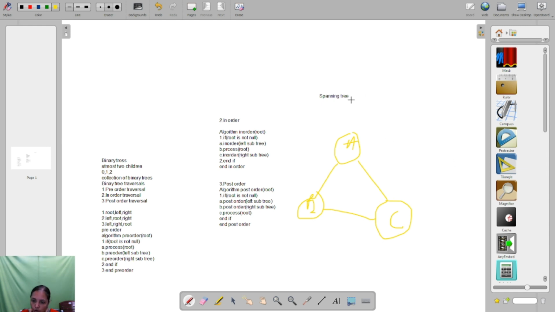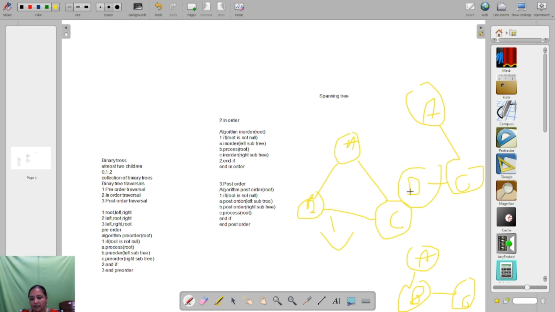Then you form the spanning tree from this one. You draw this A, B and this one is C. So this one is not a circuit, not closed. So this is one type of spanning tree. Another spanning tree from this graph: A, C and D. Okay, so this one is another spanning tree.